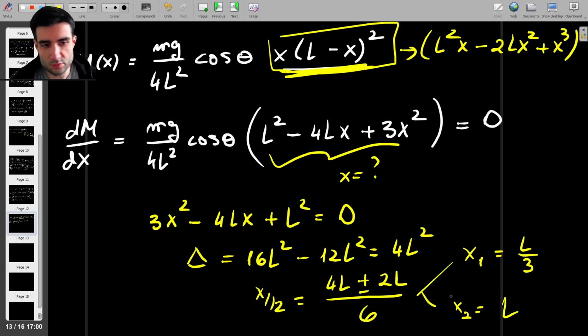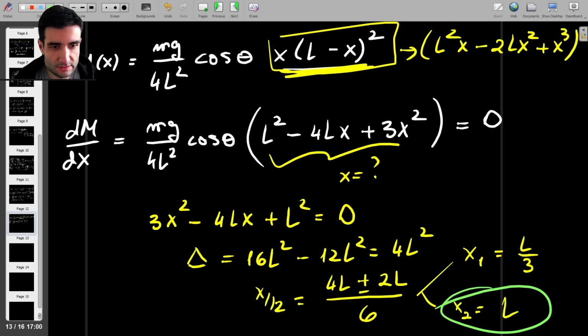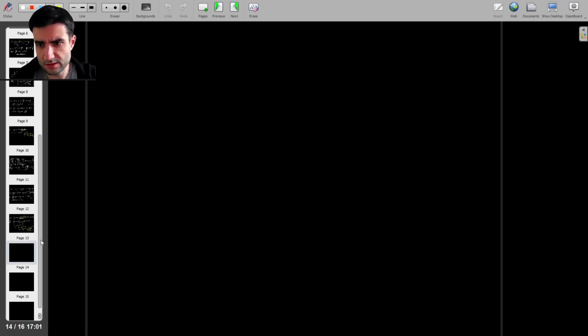So this is not the one we care about, right? The one we care about is this. So we're pretty much done. This tells us that there's a stationary point for the moment at x equal to L over 3. And if you want, you can actually differentiate this again. It shouldn't be that hard to do.